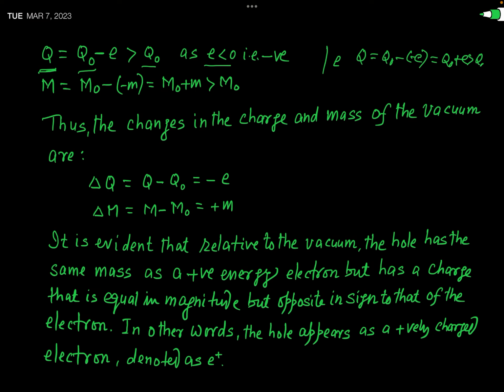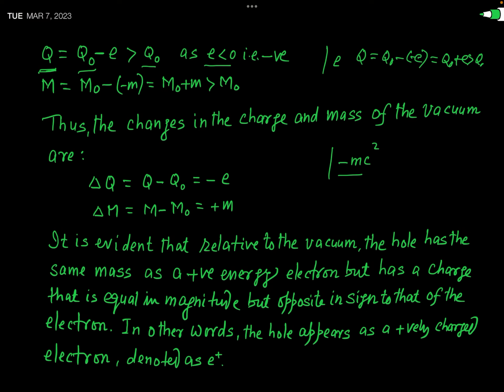Similarly, as you can see, the energy of an electron in the negative energy state is minus mc². If the energy is minus mc², you can guess that the mass of the electron here is negative. Normally the energy is mc², but here the energy is minus mc², so this indicates that we have to take the mass of the electron equal to minus m.